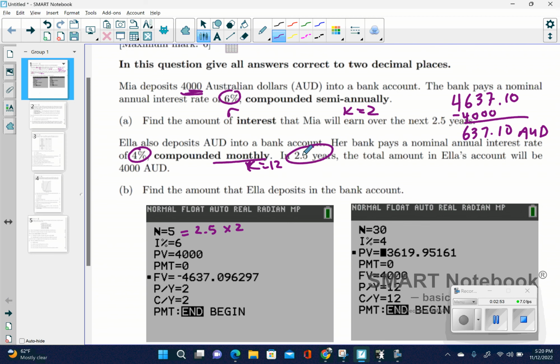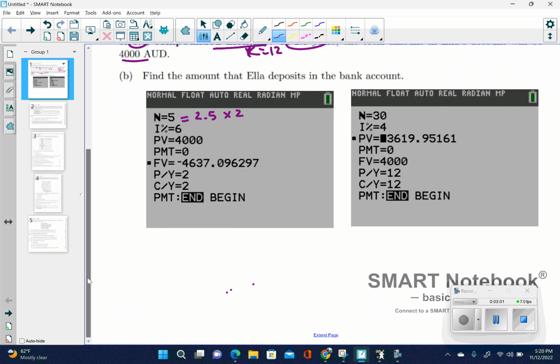So that's important. The total amount in Ella's account will be 4,000 Australian dollars. So how I got this 30 is I did 12 times 2.5. So that's 30. The interest rate is 4%. Payments, again, we don't know. Future value is now 4,000.